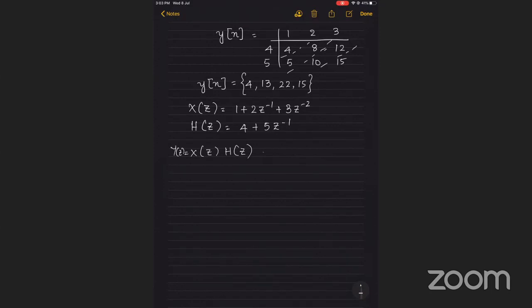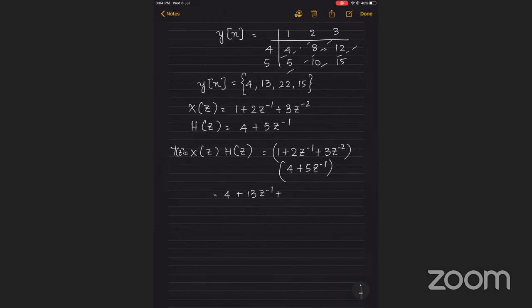So what do we get? We get 1 plus 2z inverse plus 3z power minus 2 into 4 plus 5z inverse. The equivalent, if you see, I'm going to have 1 into 4 is 4, plus 5z inverse plus 8z inverse, I have 13z inverse. Then 2z inverse into 5z inverse is 10z power minus 2.